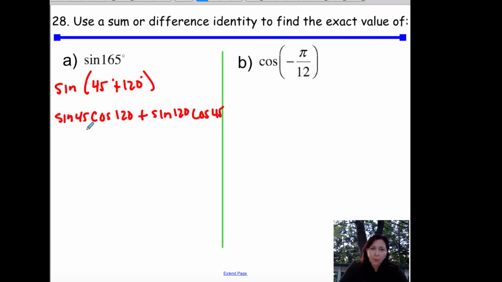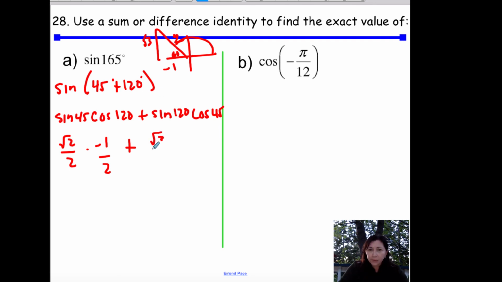So sine of 45 is root 2 over 2. Cosine of 120 degrees is over here. That's a 60-degree reference. This is 1, and that's 2. So cosine being adjacent over hypotenuse, that's negative 1 over 2. Plus sine of 120 is opposite over hypotenuse, so that's going to be root 3 over 2 times cosine of 45, which is root 2 over 2.